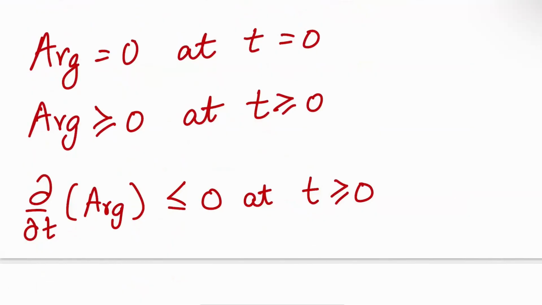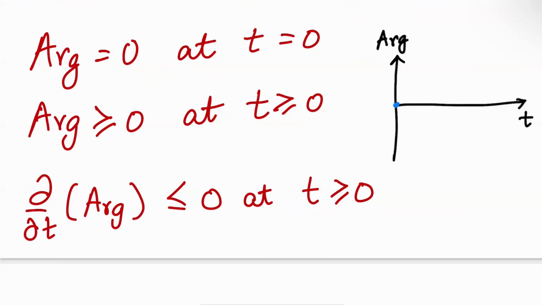It's useful to draw a plot of the value of this argument. At t equal to 0, the argument was 0. For t greater than 0, the argument has to be greater than or equal to 0.